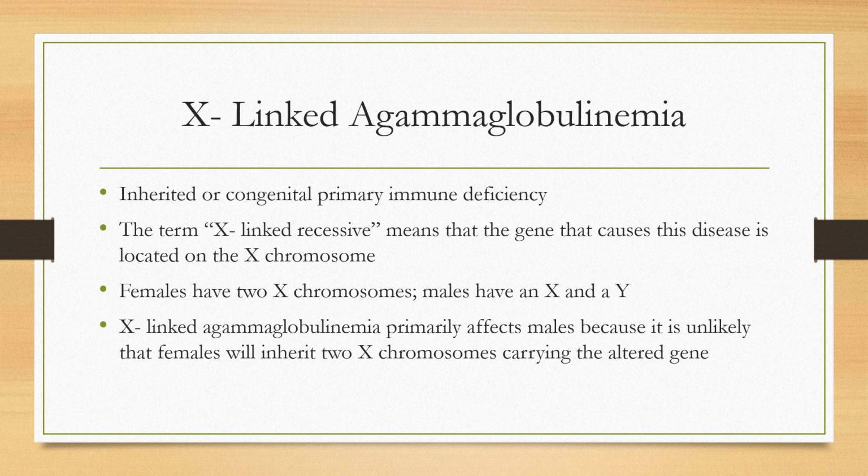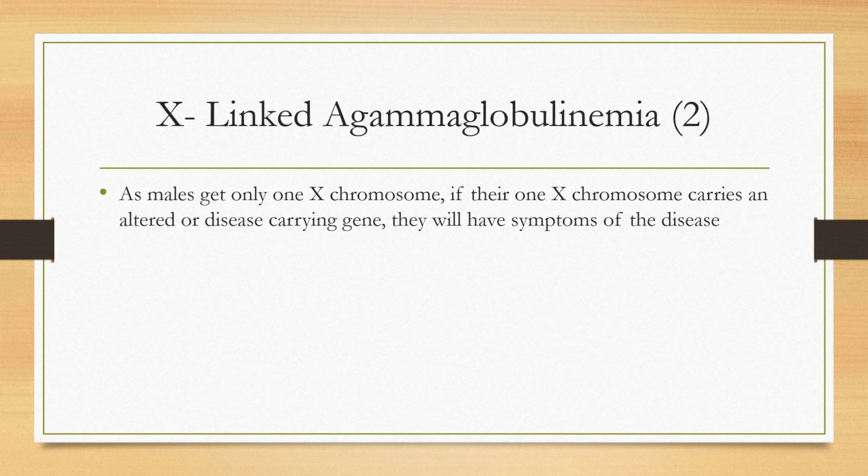So X-linked agammaglobulinemia primarily affects males because it is unlikely that females will inherit two X chromosomes which will carry the altered gene. So as males get only one X chromosome, if their one X chromosome carries an altered or disease-carrying gene, then they will have symptoms of this disease.